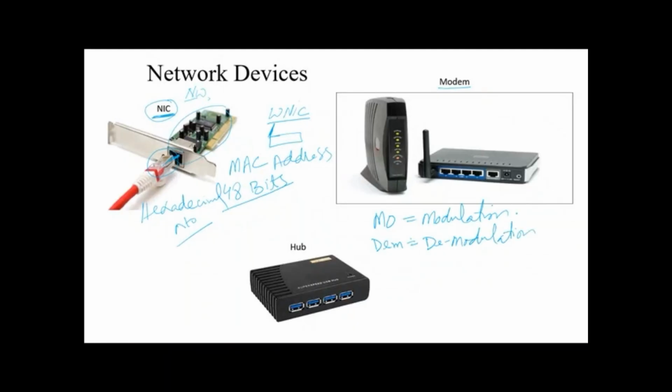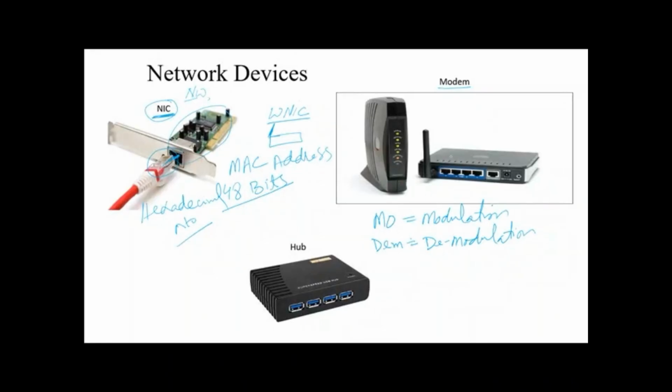So normally, once we want to connect our computers to the internet or network, we require an internet modem. The primary function of a modem is to perform modulation and demodulation. Modulation means converting digital signals to analog signals, and demodulation means converting the analog signals back to digital signals.